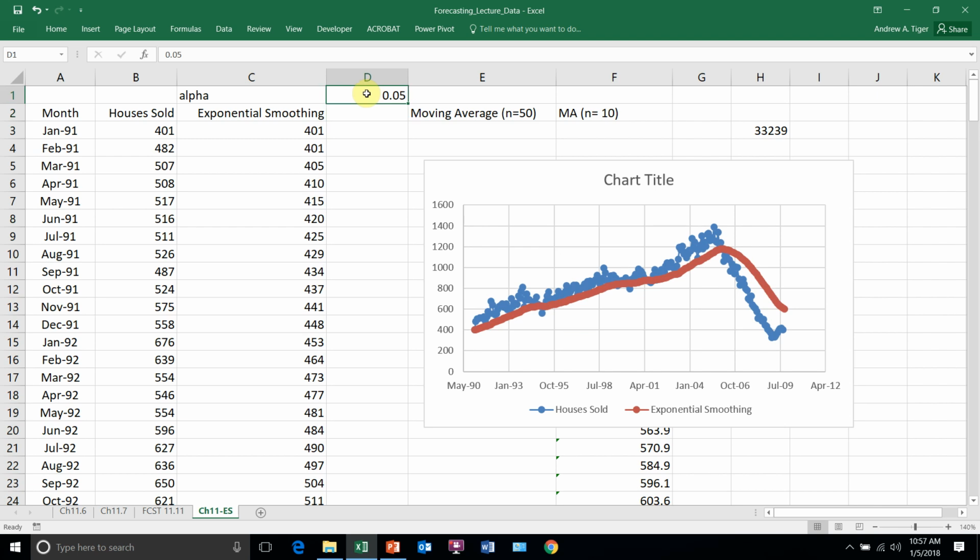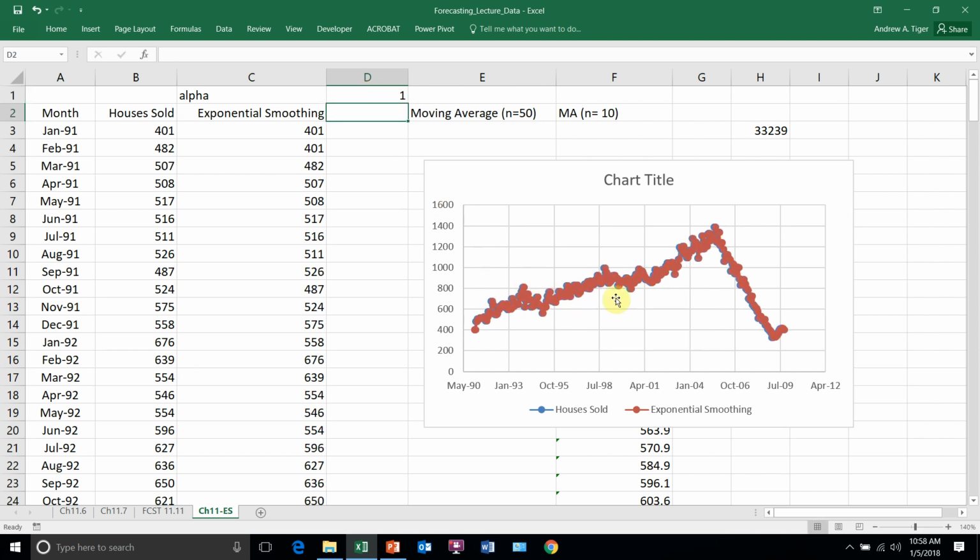So let's try 0.06, it starts getting better, 0.07, 0.1, 0.2, 0.5, where we were, that's looking really good. 0.6, that's about as good as we can get. We could go all the way to 1.